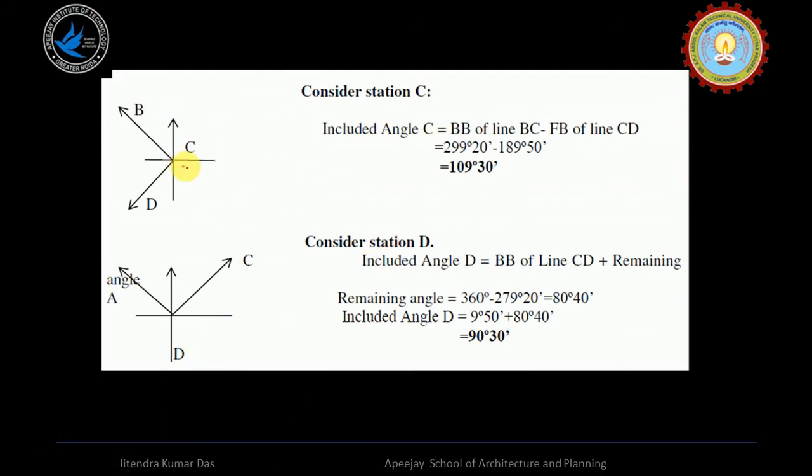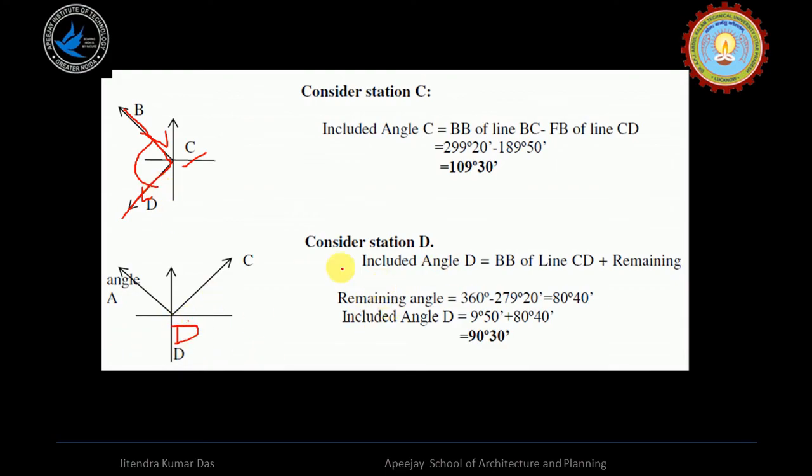Next, when you come to point C, again take the back bearing of BC and the fore bearing of CD, and you have the included angle.